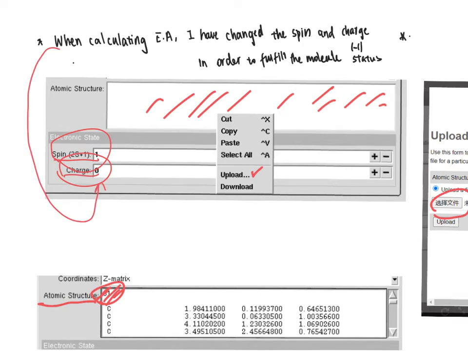So the spin has to be changed for the cation and anion from +1 to -1, and the charge has to be changed to +1, +2, or +3 in order to make our calculation valid.